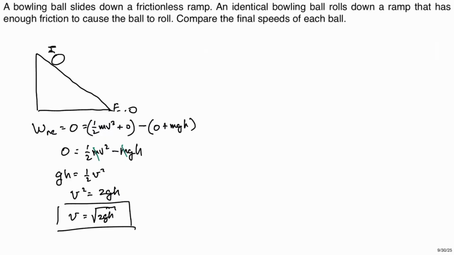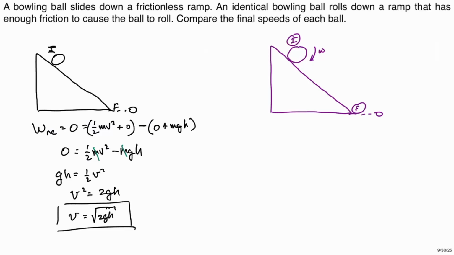So let's get a new triangle here. Now I'm going to have the ball starting up here, and it's going to be rolling. It's going to have some rolling motion as it goes down the hill. I'm going to have my initial state up here and my final state down at the bottom.